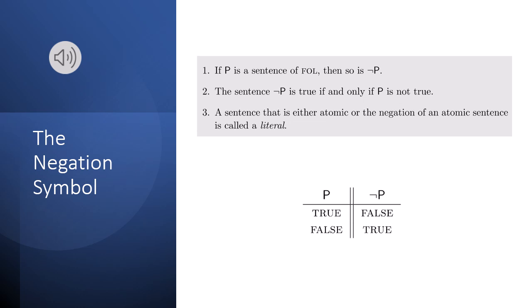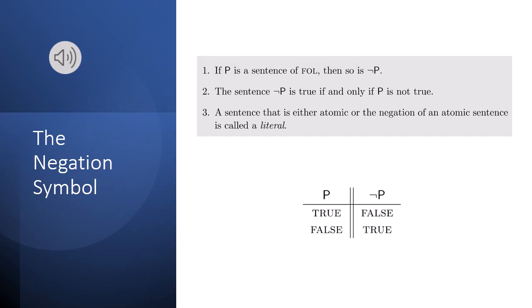Now, the way we define the negation of P is with this second bullet point. That sentence, negation P, is true exactly when P is not true. In other words, it just flips the truth value. That information is given in a table down at the bottom of this grayed out piece. In one column, you have P, and below it, you have true and false.